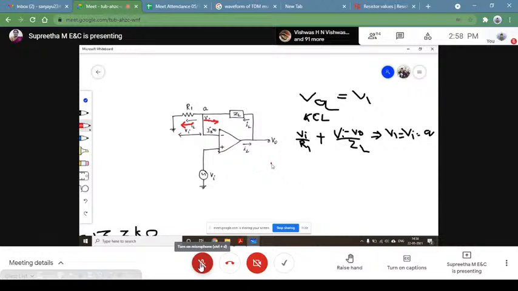So I can say your input voltage VI is the same as the load current IL into R1. So VI is equal to IL into R1. So what is IL? IL is equal to VI by R1 with your floating load.